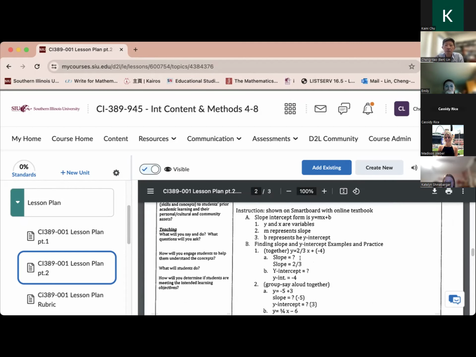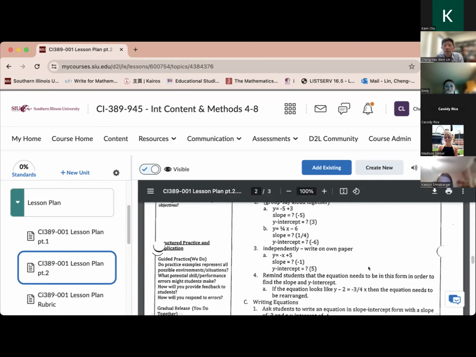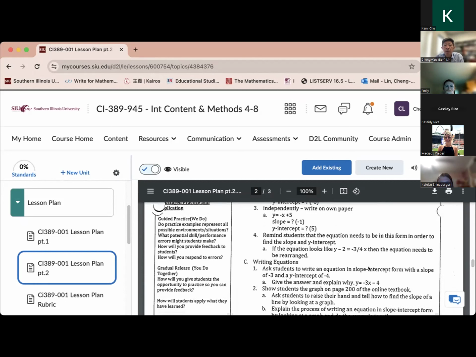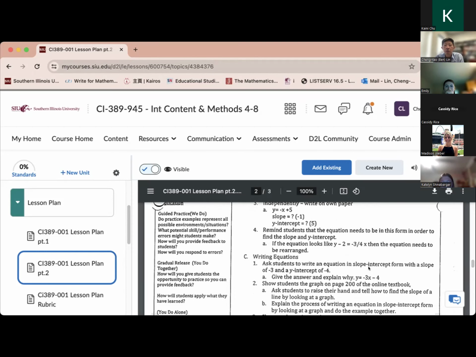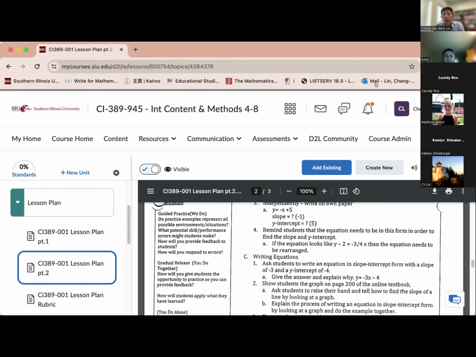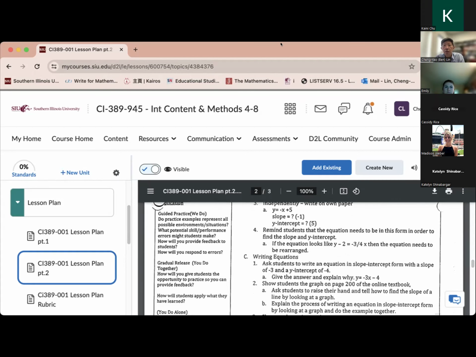Then we have a lesson for this, and how to teach a slope and how to teach a y-intercept and something like that, okay? And then you might have an assessment for this. Clear? Do you have any questions? Okay. If no questions, then I will move on to today's lesson, okay?